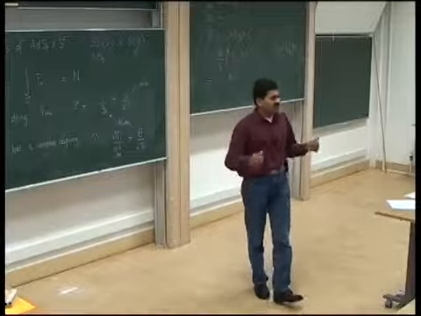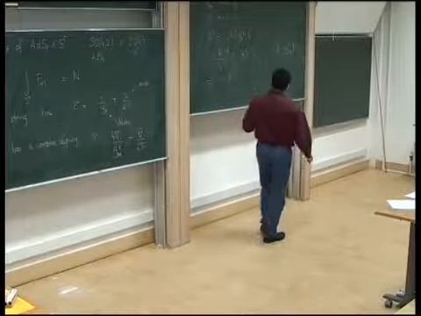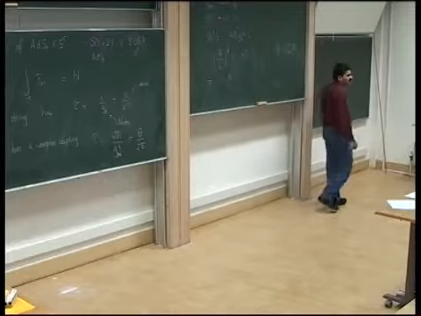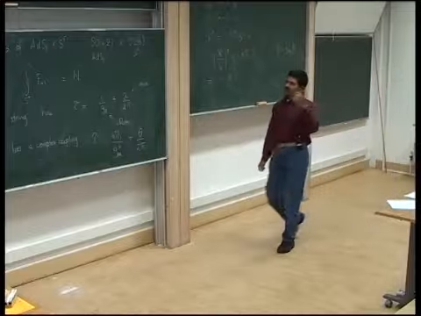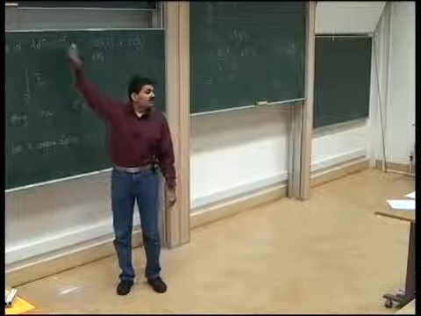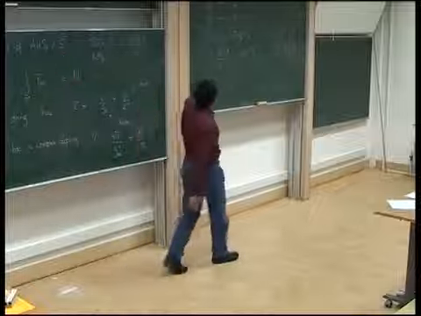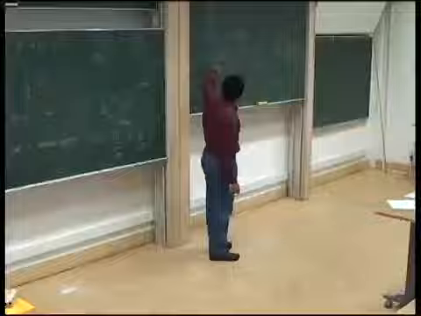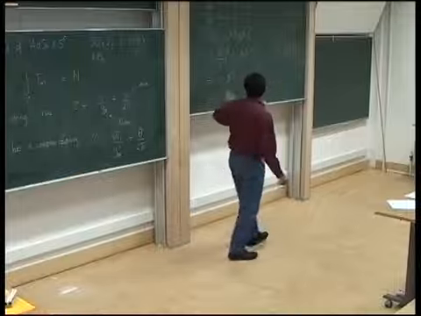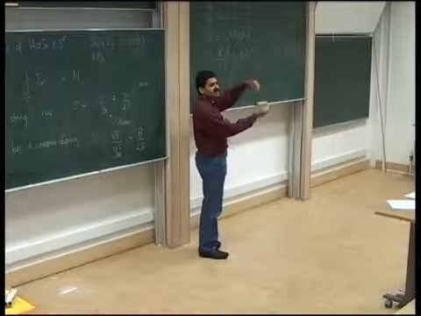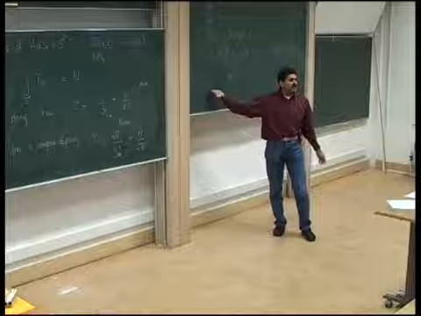This guy is explicitly dual, i.e. the physics of this is completely captured by the physics of strings in AdS5 cross S5, where there's only one length scale, which is the size of AdS5. The two sizes are identical, and the size of AdS5 in string scale sets the value of the 't Hooft coupling, and the string coupling constant, which tells me how strings interact in AdS5 cross S5, is set by 1 over N.